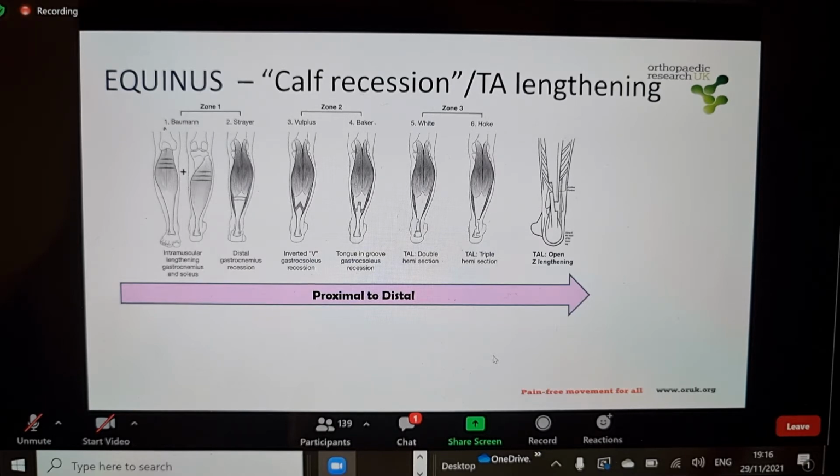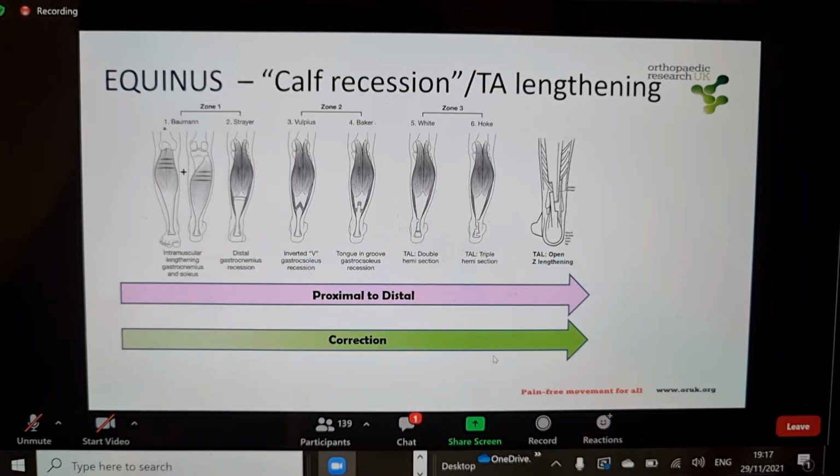And these will tend to lengthen both the gastrocnemius and the soleus, which you may or may not want to do, depending on whether this is a unilateral or a bilateral case. So we have a lot of options here for dealing with equinus, all of which have their pros and cons. One of the advantages, the more distal you go, the better correction you're going to get. The magnitude of the deformity that you can correct becomes better.